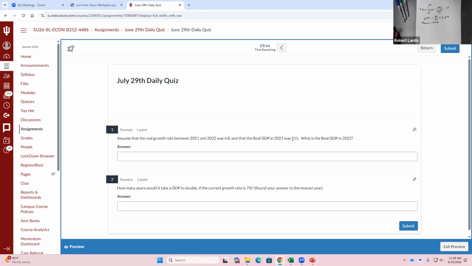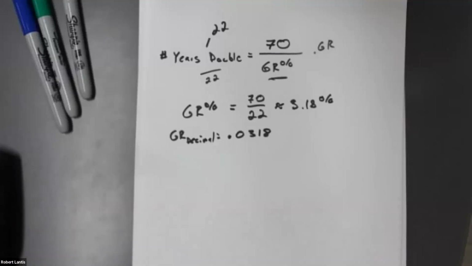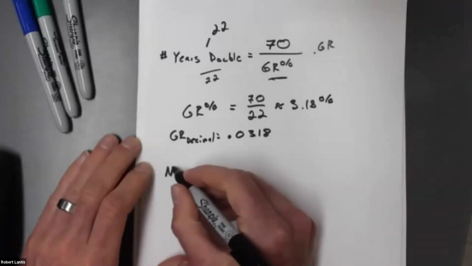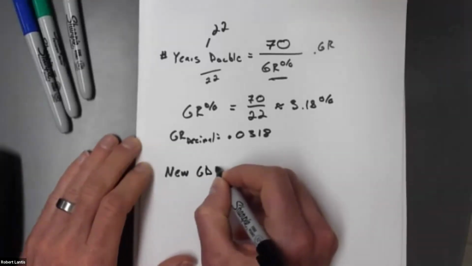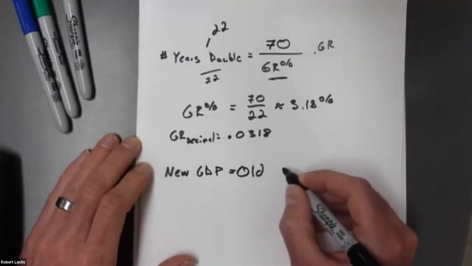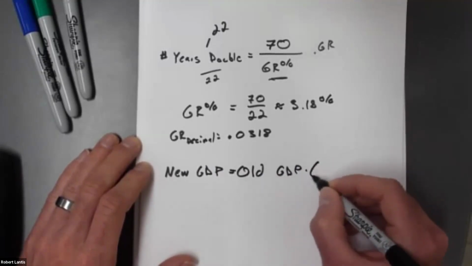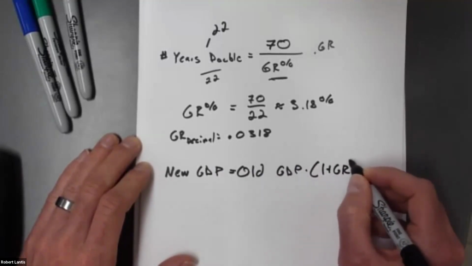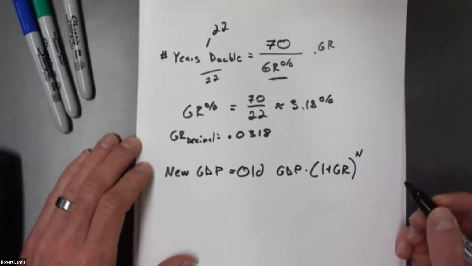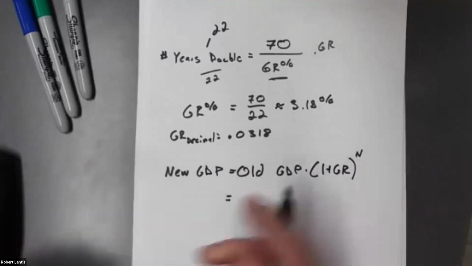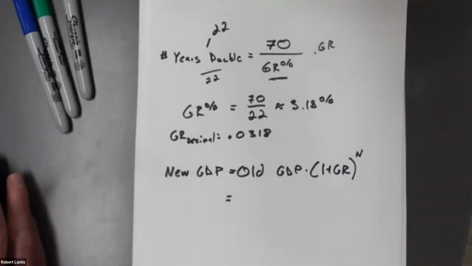Well, here I'm only making a projection out for 1 year, so this shouldn't be too bad. So here the general form of this equation is, if I want my new GDP, it's equal to my old GDP times 1 plus the growth rate, raised to the number of years.